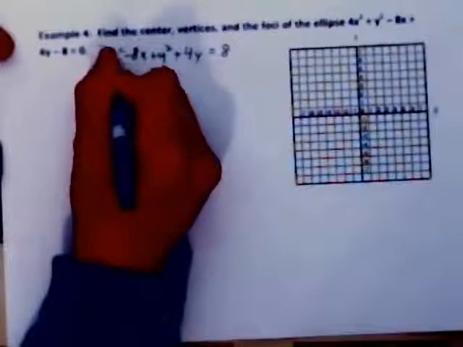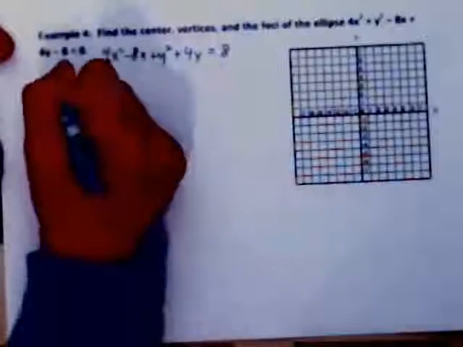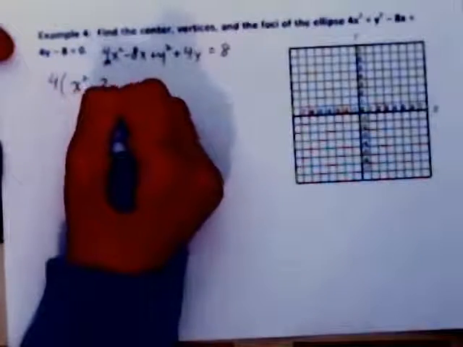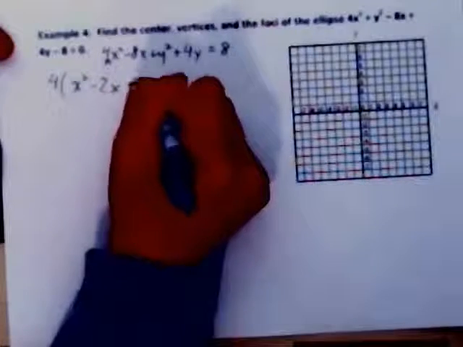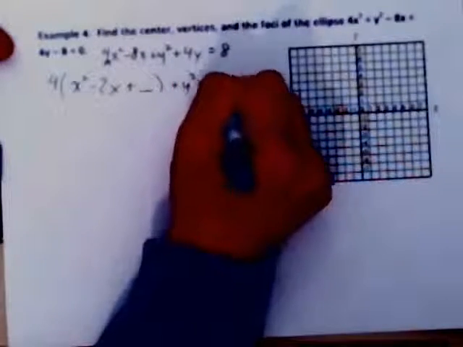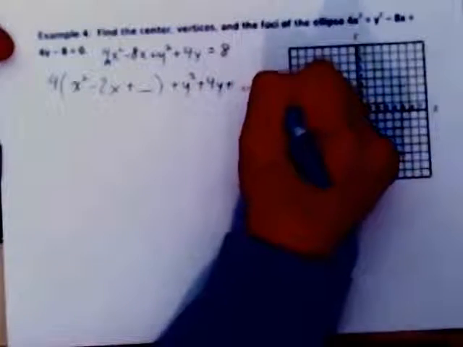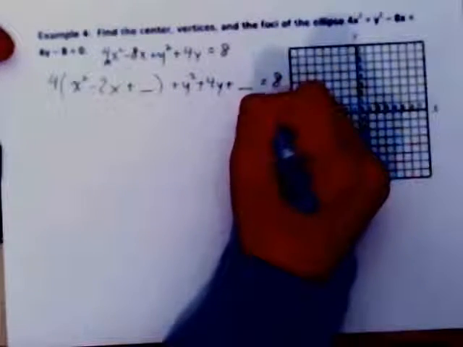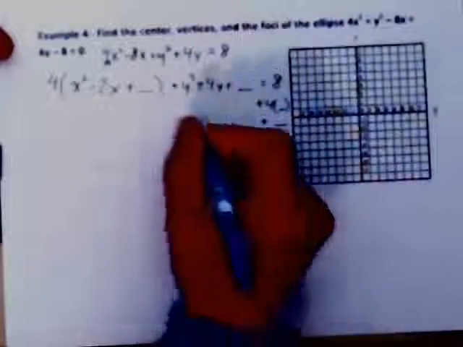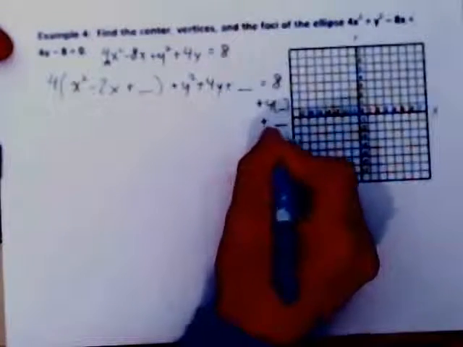Now I have to factor out this 4 from the x squared. It would be x squared minus 2x plus something, plus y squared plus 4y plus something, equals 8 plus 4 times something plus something. You can put times 1, but you really don't need that.